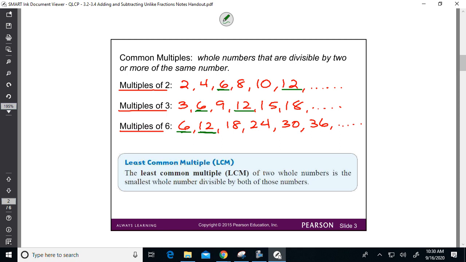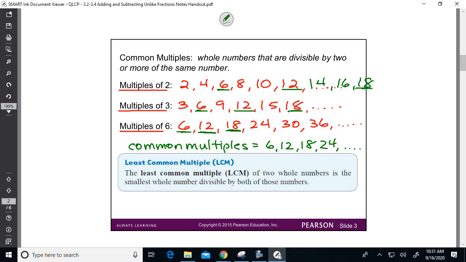If I were to continue out the 2's, 18 would show up in every single column. So common multiples based off of what we've written would be 6, 12, 18, 24. Keep on going. So there's lots of common multiples.